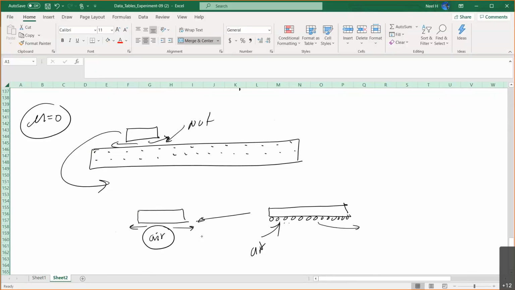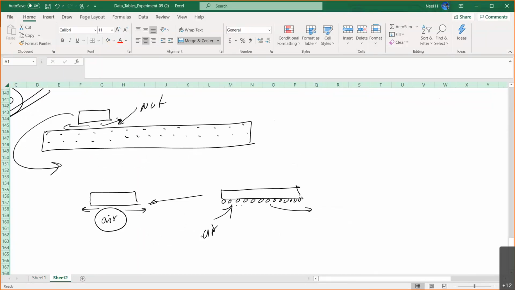Those are moving rapidly. Because of that, you still have a little bit of air friction. Even though we assume the friction is 0, it may not be exactly 0. It may be a very small number, like 0.01, 0.005, things like that. But still, that can have a considerable effect to produce a force.